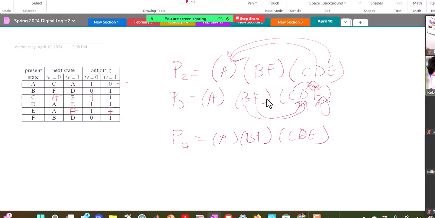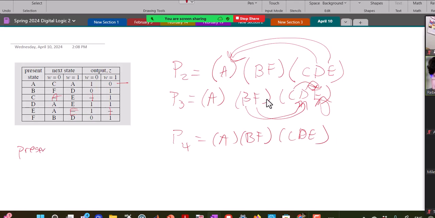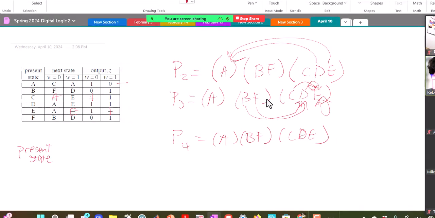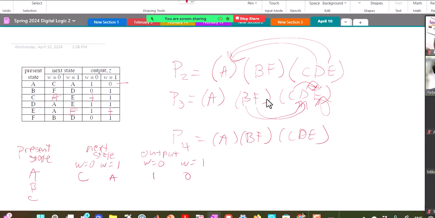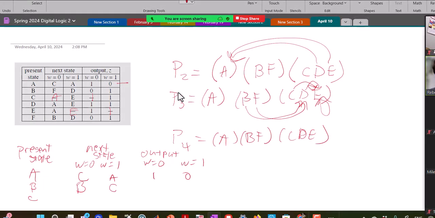So this time my table will look like this. And I will choose my representatives to be A, B, and C. And so B, when W is 0, B goes to F, F is state B, same as B, and when W equals 1, B goes to D, that's the group that has C in it.